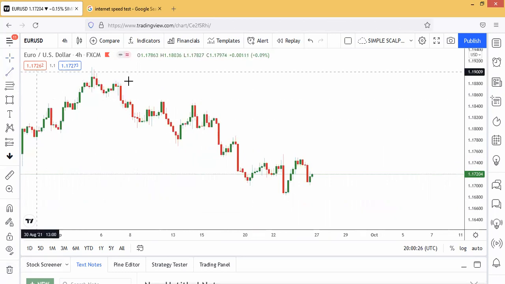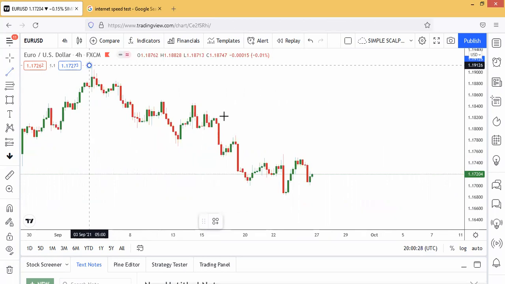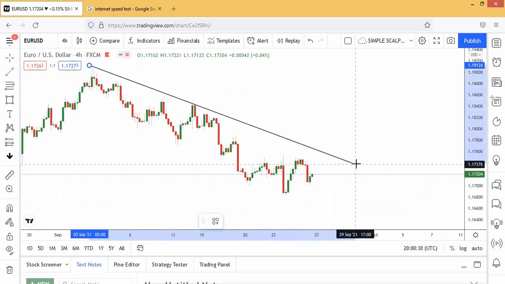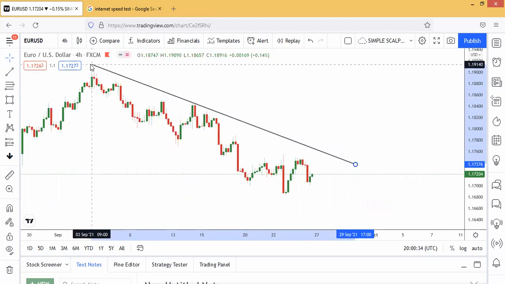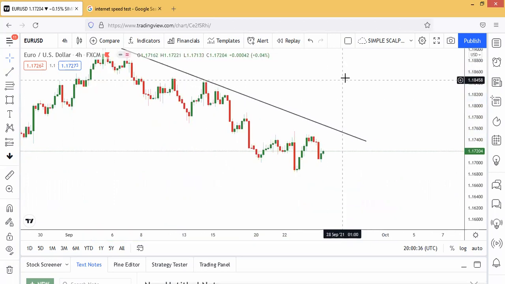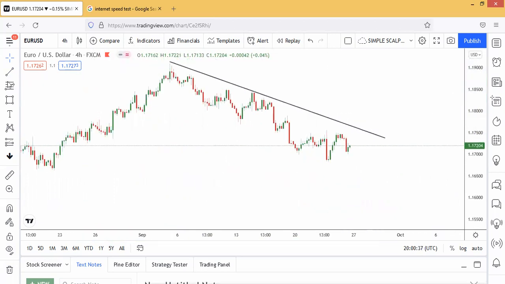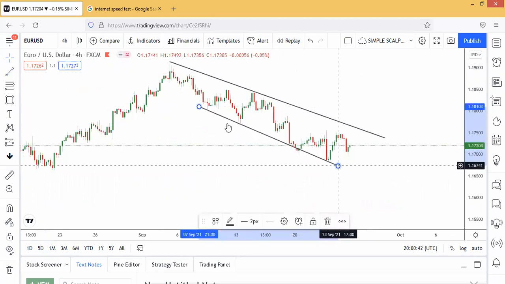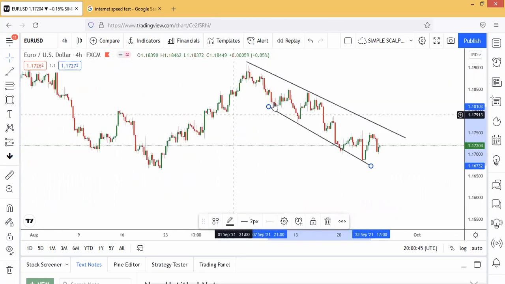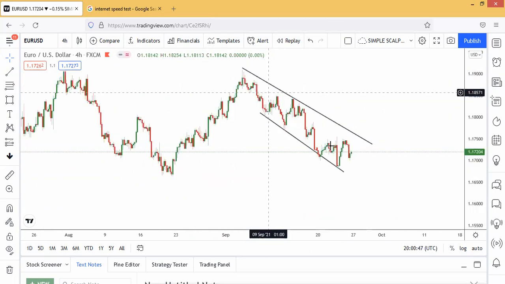Okay, now take a look, guys. We connect this area, which is the last high, with this one. We actually need to connect when we are trading breakout. Now in this case, we have a downtrend, right?